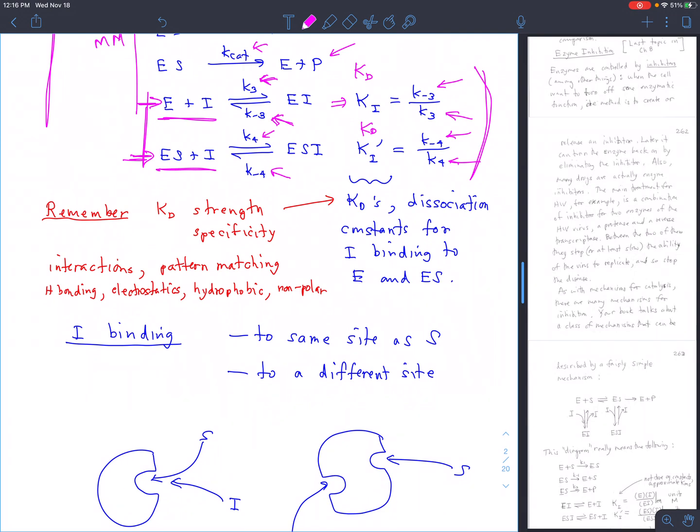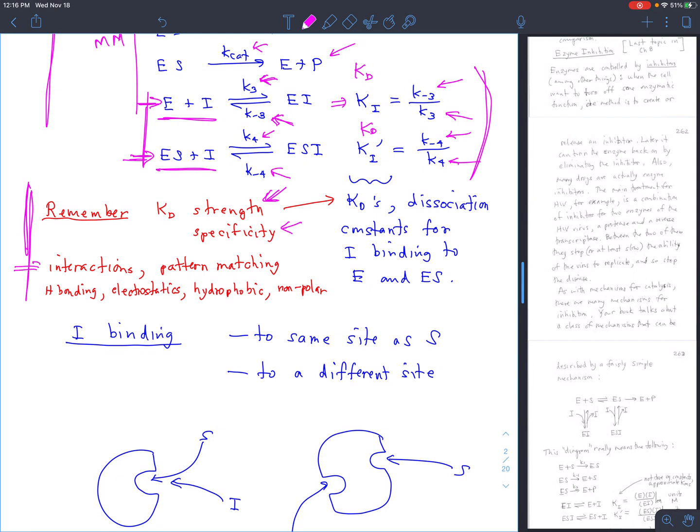I point out here in red, because it's good to make cross connections between different parts of the class, that since these are KDs, everything we said earlier about what makes a KD strong and what makes it specific, what makes the inhibitor bind only to the enzyme in question and not to everything in the cell, and what makes it bind strong enough so that at its normal concentration it can actually bind, all those things we talked about apply here, right?